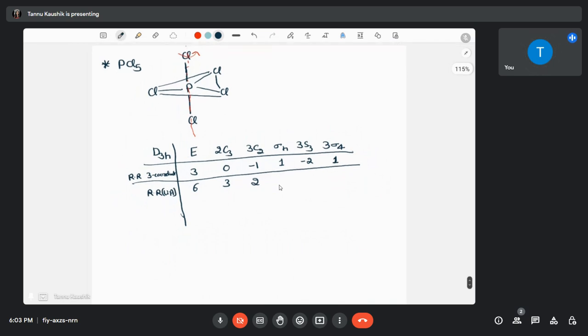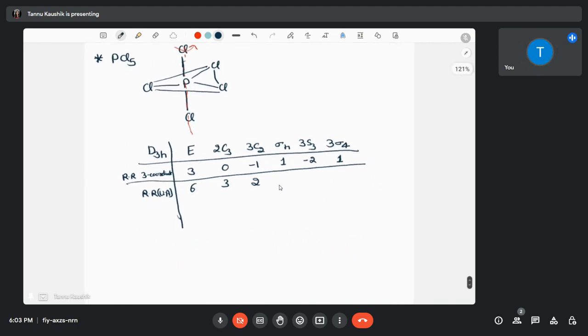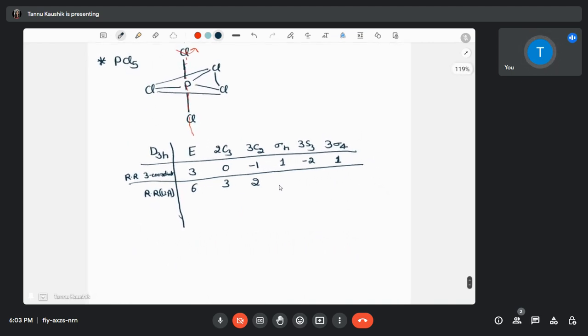So you will learn how to find all of these with practice. So practice as many molecules as you can. And then for sigma h, which will contain this Cl bond, this phosphorus atom, this Cl atom on it, these 4 atoms will remain unchanged.